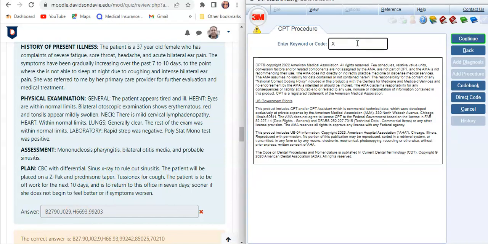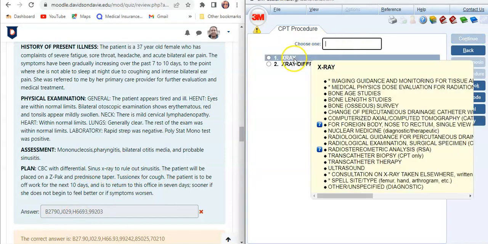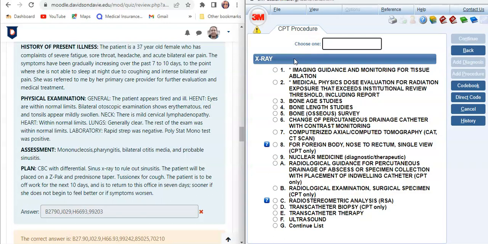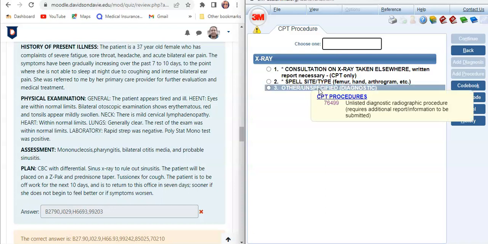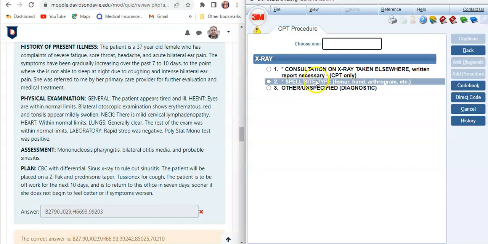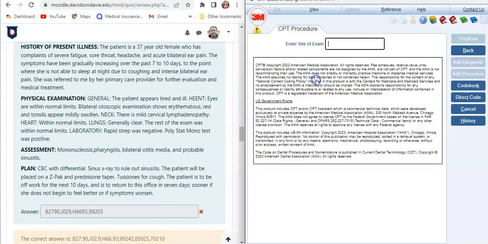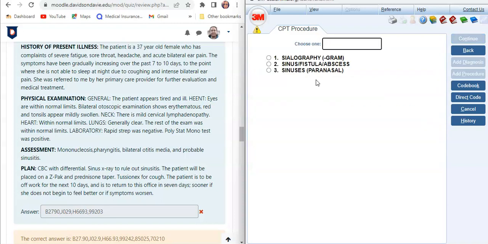So, x-ray. And none of this other stuff really applies to that. Let's just type in where it was at.